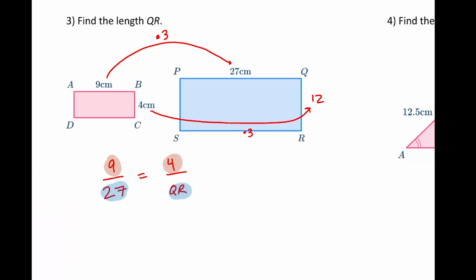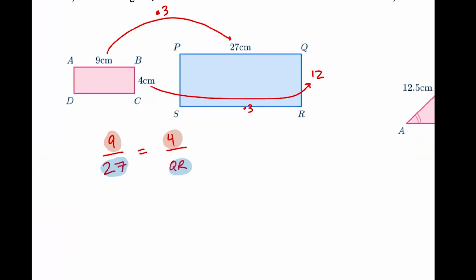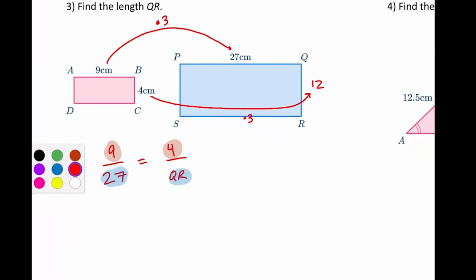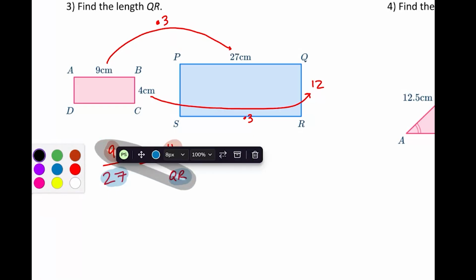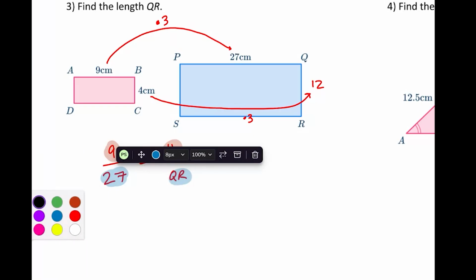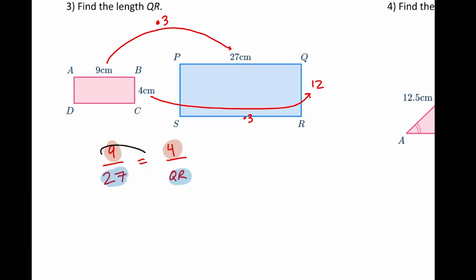So 9 centimeters is the horizontal side, and we're going to put that over 27 because that's the other horizontal side. And to solve a proportion like this, we are going to use the cross products property. So we're going to multiply QR by 9, and we're going to multiply 4 times 27.